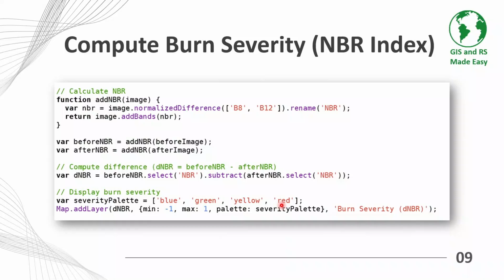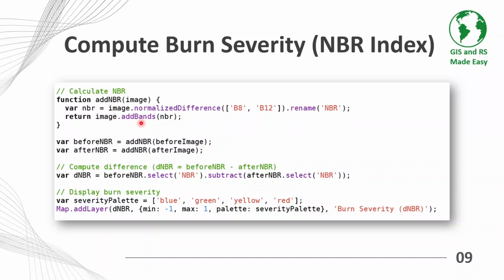This is the code for NBR calculation. Google Earth Engine has a default normalized difference function to calculate any normalized difference. We need to pass only two bands and it will automatically calculate the normalized difference of those bands. So we made a function called addNBR. It takes an image as input, and then makes a variable named NBR. This variable takes the image, and from that image it will take band 8 and band 12 and make the normalized difference and rename this band as NBR.